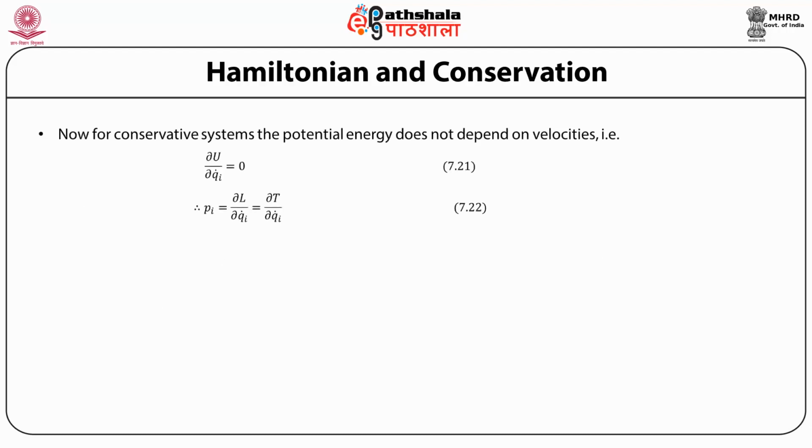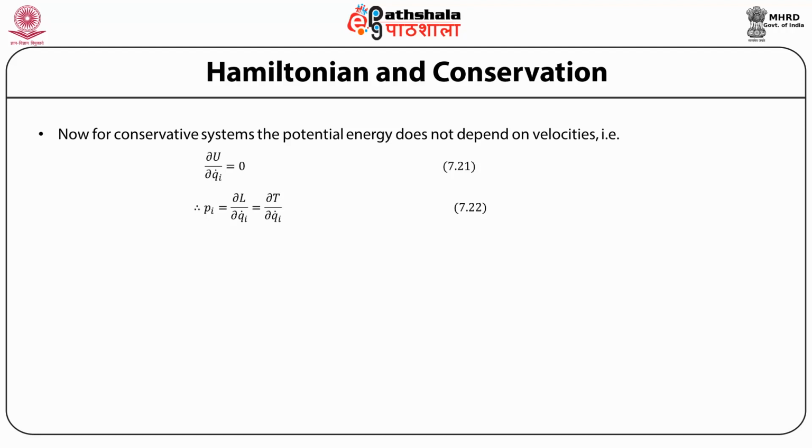Now, for conservative systems, the potential energy also does not depend on velocities. Therefore, the partial derivative of U with respect to the generalized velocity qi dot is equal to 0.